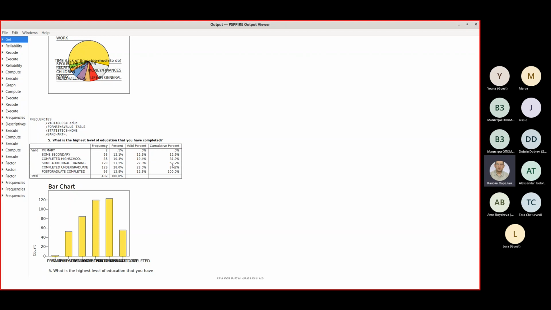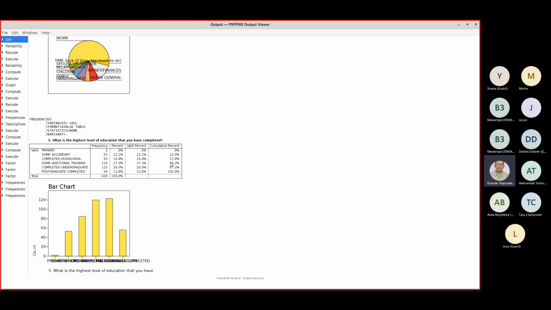So this percent here, 59%, is the sum of the first four percents: 0.5 plus 12.1 plus 19.4 plus 27.3, and these are percents of the first four categories. So 59% are primary or some secondary or completed high school or some additional training.